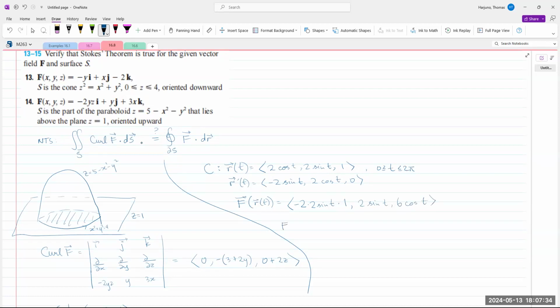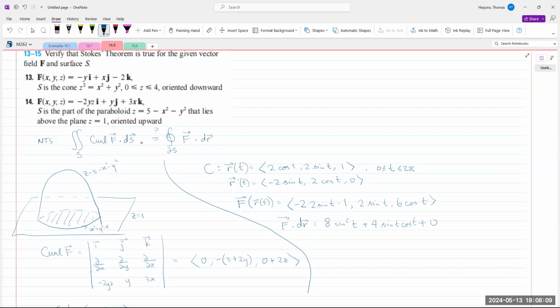So the dot product F dot dr will be 8 sine squared t plus 4 sine t cosine t plus 0.